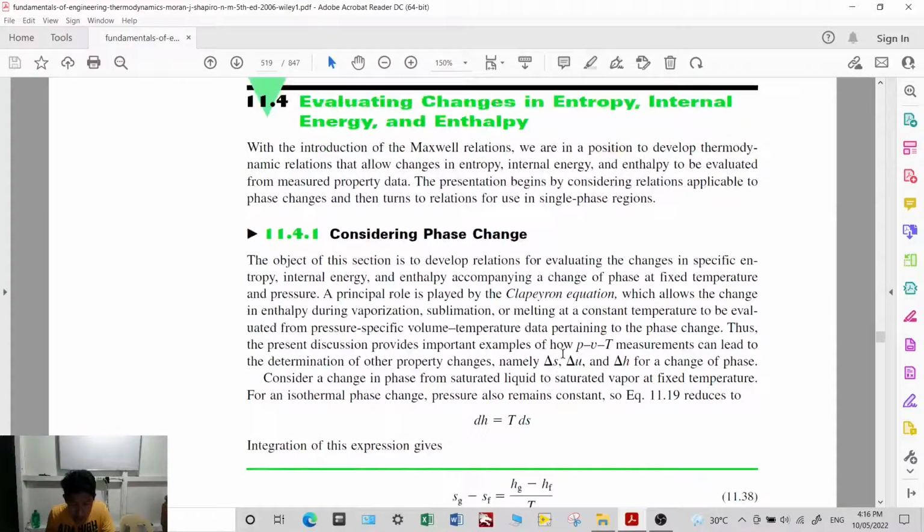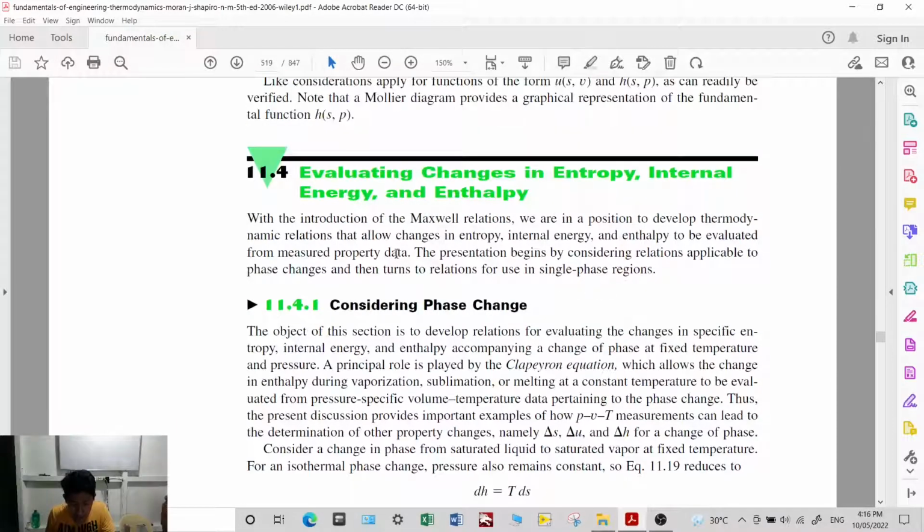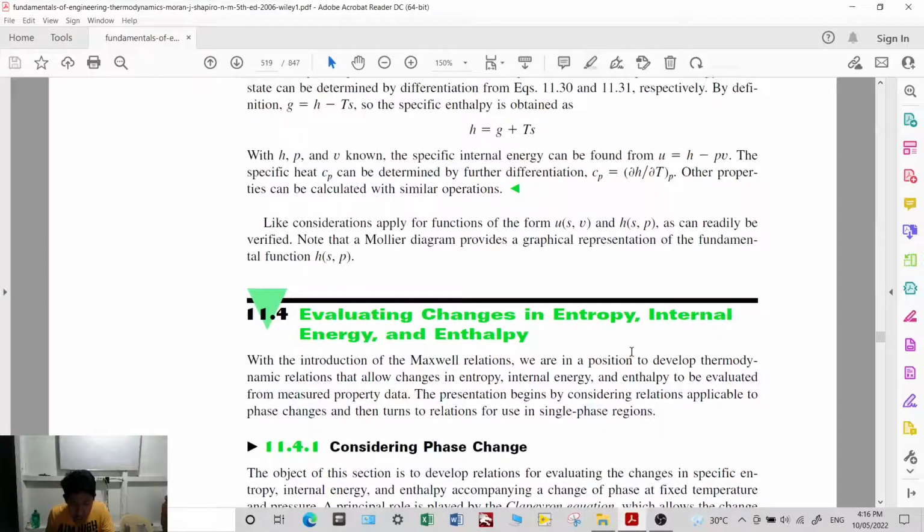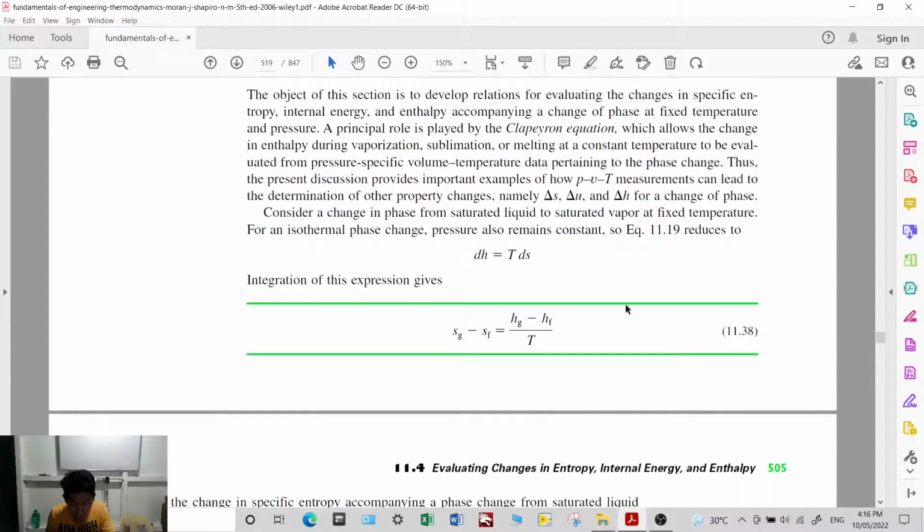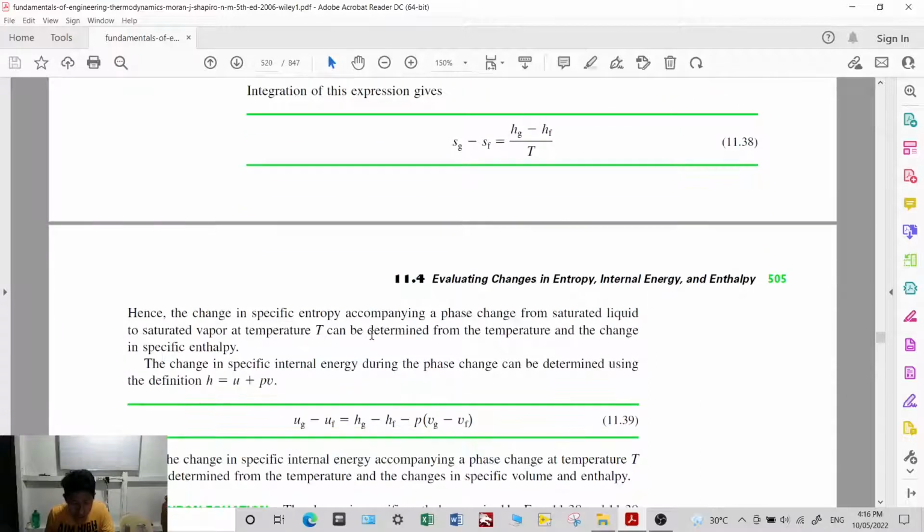But since in a phase change the pressure is constant, that term is zero. Therefore, integrate it, and you will get this equation. Now for the change in entropy. And then for the change in specific internal energy, you integrate this one as well.